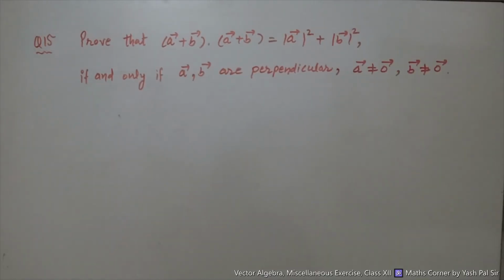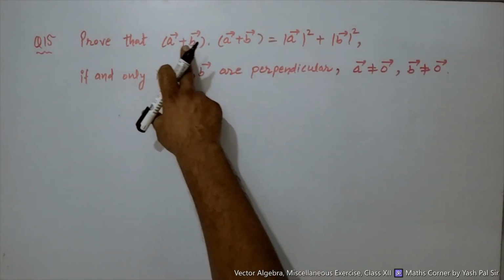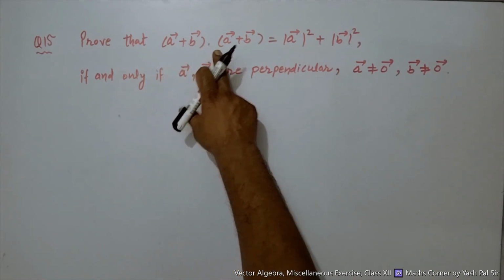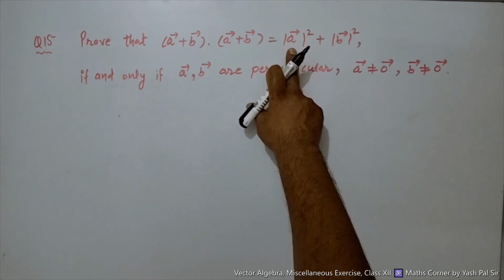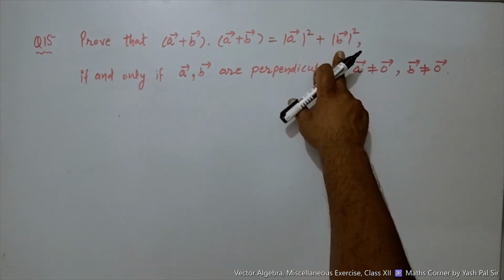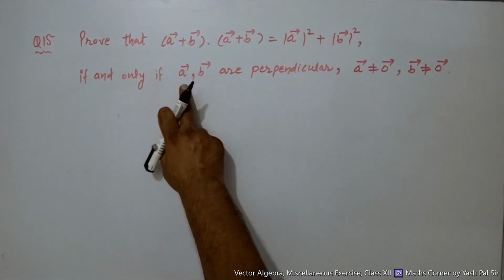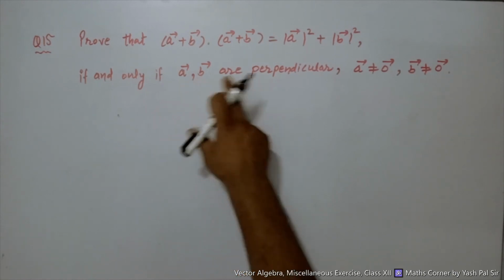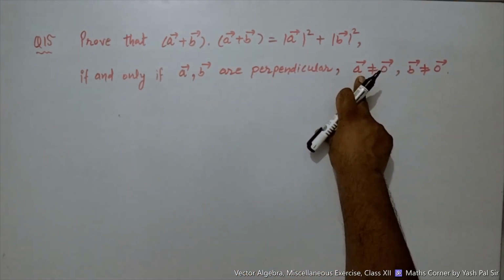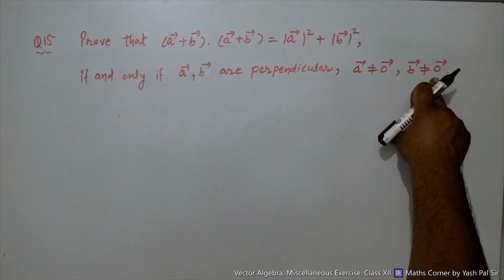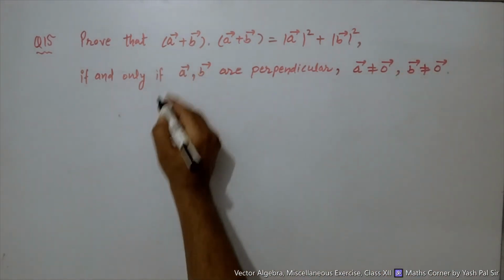Question number 15. Prove that vector A plus vector B dot vector A plus vector B is equal to magnitude of A square plus magnitude of B square if and only if vector A and vector B are perpendicular. It is also given that vector A is not a zero vector, vector B is also not a zero vector.